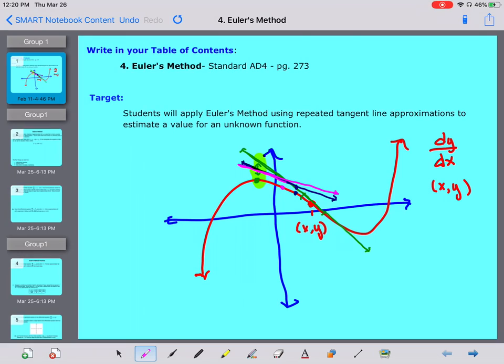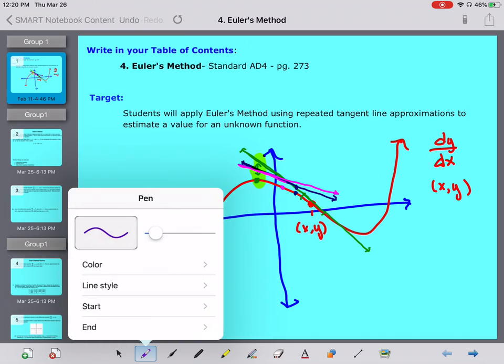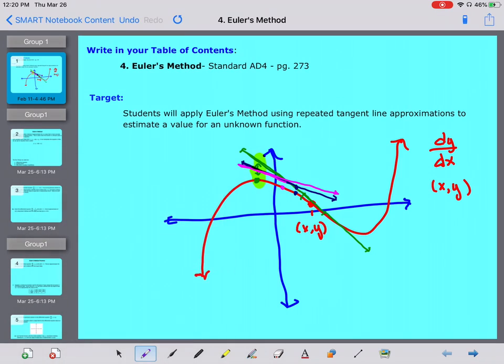In fact, the more we break this up and the more partitions we take, let's say I use that point right here and create another tangent line that's parallel, if we keep doing this, we're going to get closer and closer to the point that we want. So Euler said if we create multiple tangent lines and do a repeated tangent line over and over again, we can get a better approximation than using that single green tangent line that we started with.